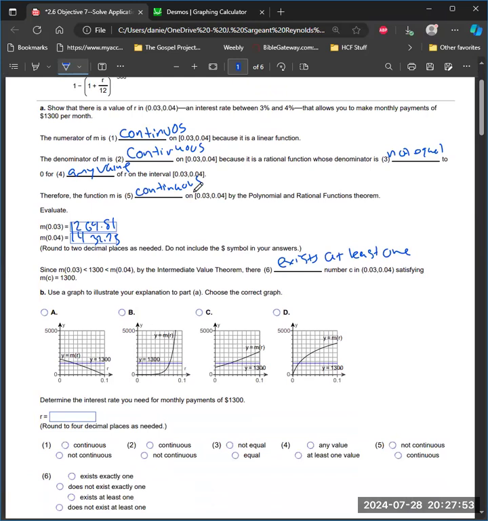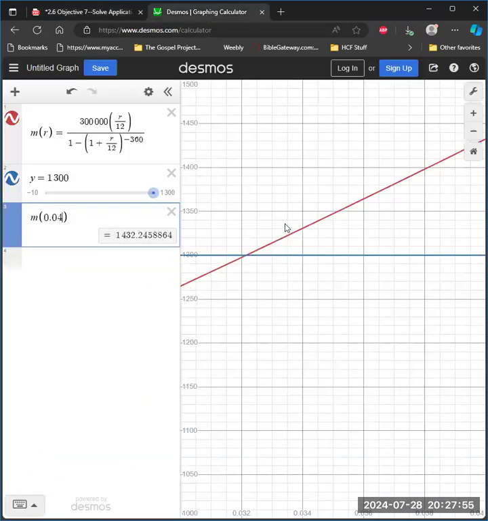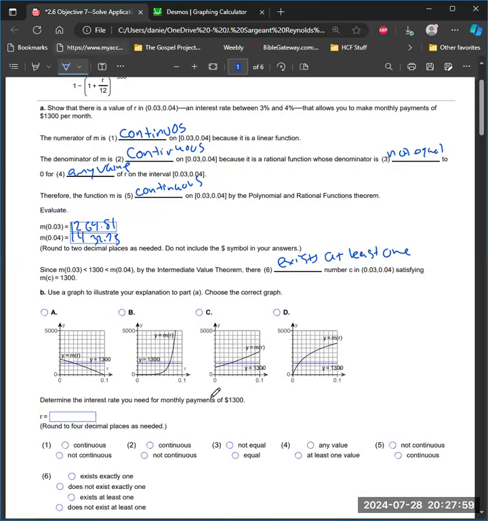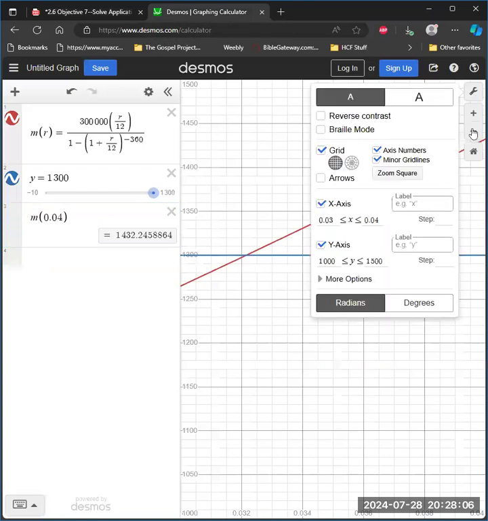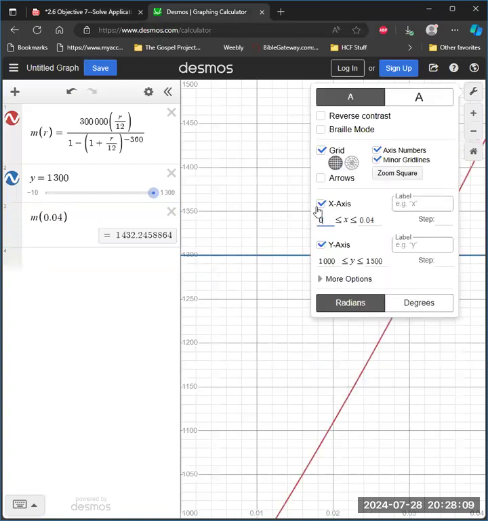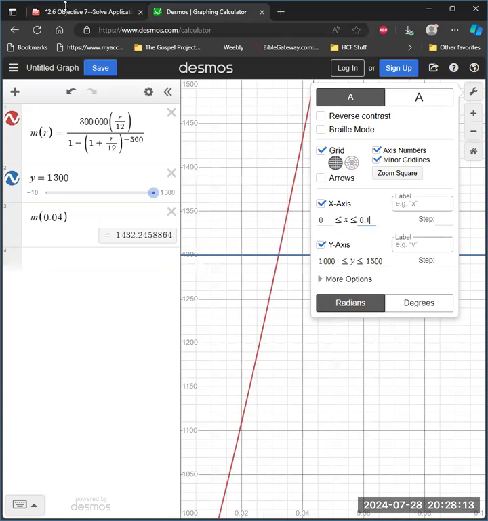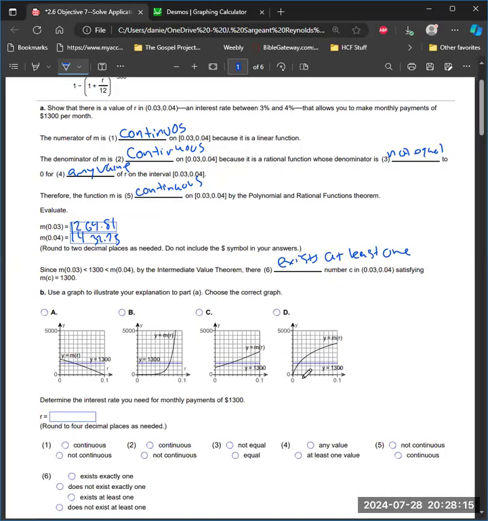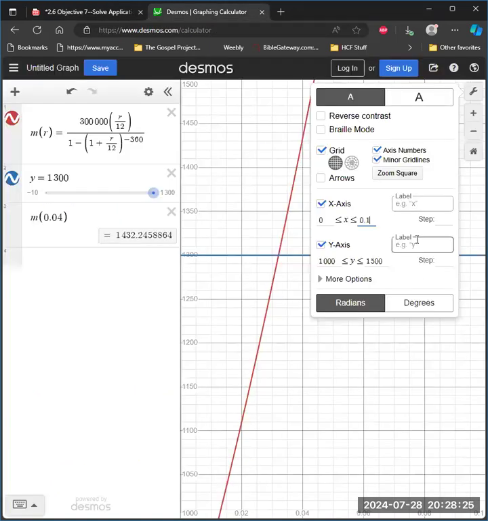And we have the curve here. It's an exponential curve, but if we're looking from 0 to 10%, let's fix this. 0 to 10% going by 0.05.